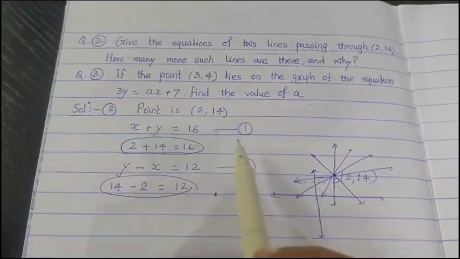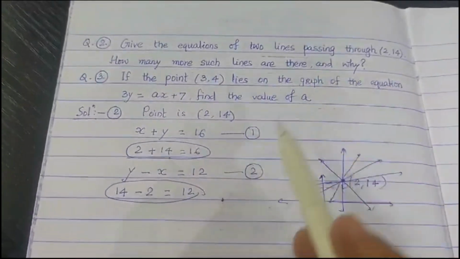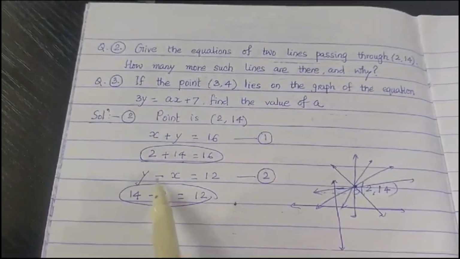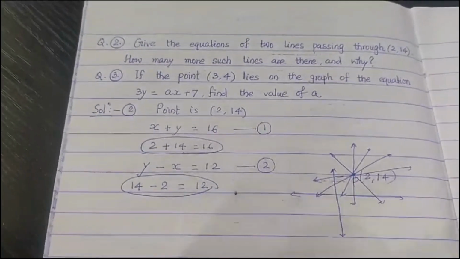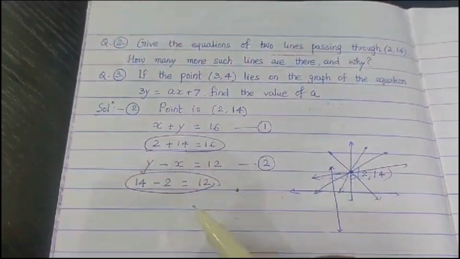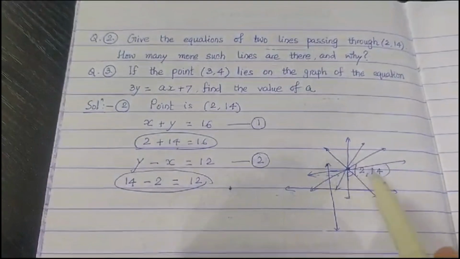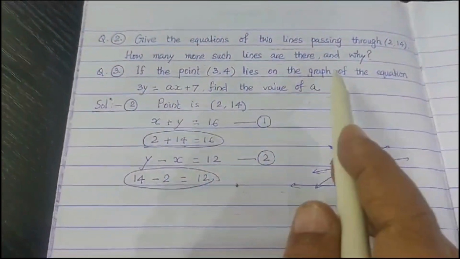We have been asked to write only 2 lines passing through this. So the simple 2 lines will be x plus y equal to 16 and y minus x equal to 12. These 2 lines will pass through this point, and the reason is that through one point there are infinitely many lines passing. So the question is fulfilled.